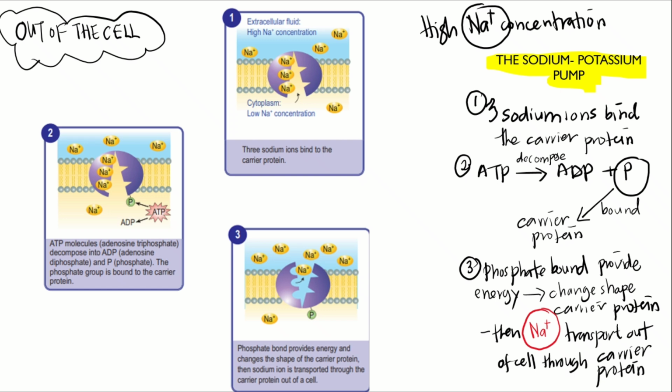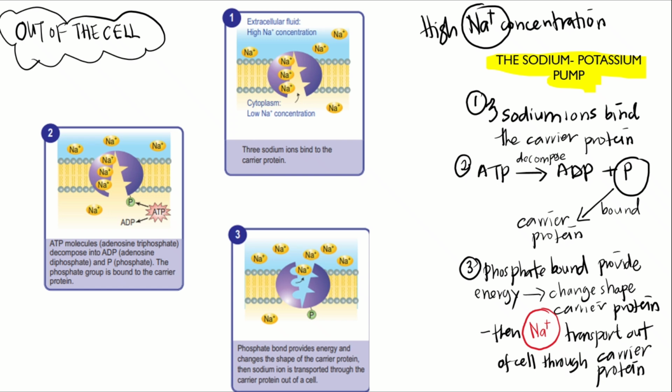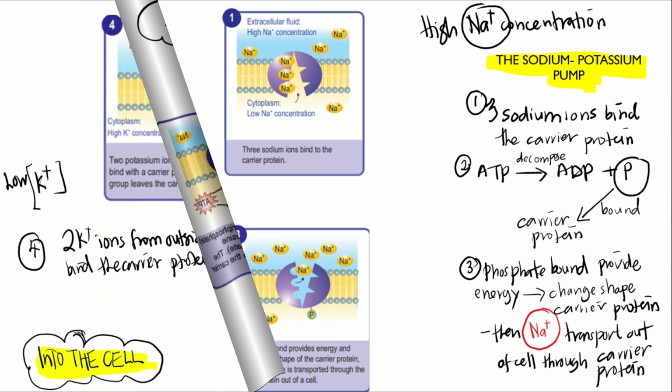After that, the ATP molecule will decompose into ADP and phosphate. Right? So the phosphate group is bound to the carrier protein. The phosphate bond will provide energy and change the shape of the carrier protein. This will help the sodium ions transport out of the cell through the carrier protein.